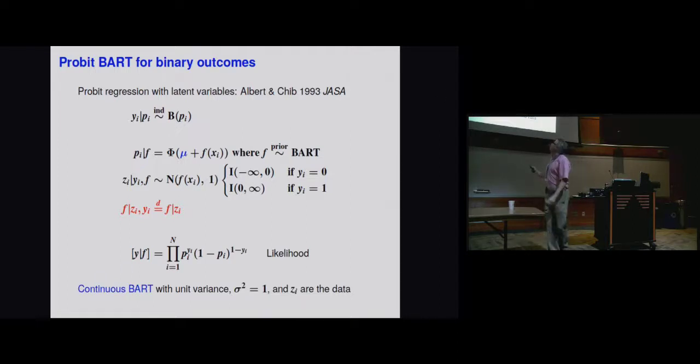Okay. So we have phi, which is the standard normal distribution function, and we have some mu plus f of x. Well, why mu? At one point we thought this was a good idea, but you can specify it to be basically anything.